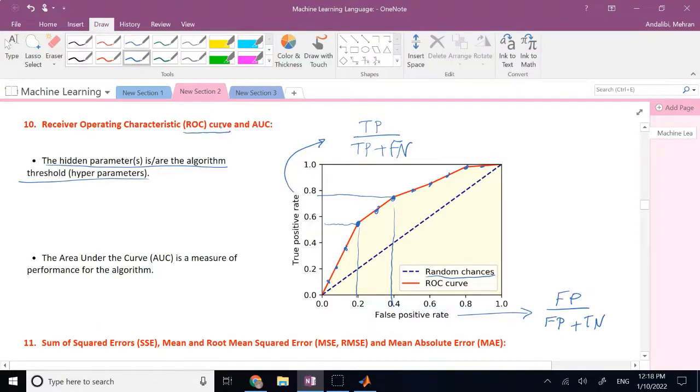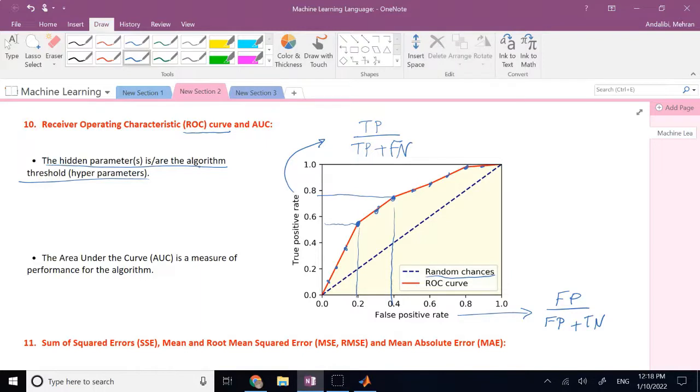So the ROC curve is what? It is true positive rate versus false positive rate, where the hidden parameter is, because each time you can only change one parameter, the threshold inside your model that you can freely change.